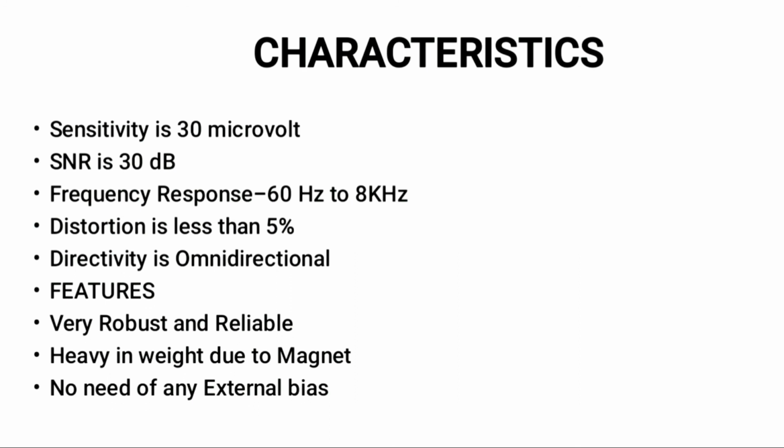This permanent magnet is very heavy in weight. Thus, while we are using a permanent magnet, it automatically produces the uniform magnetic field due to the inductive effect. There is no need for any other external bias. So, it is one of the major advantages of using the moving coil microphone.